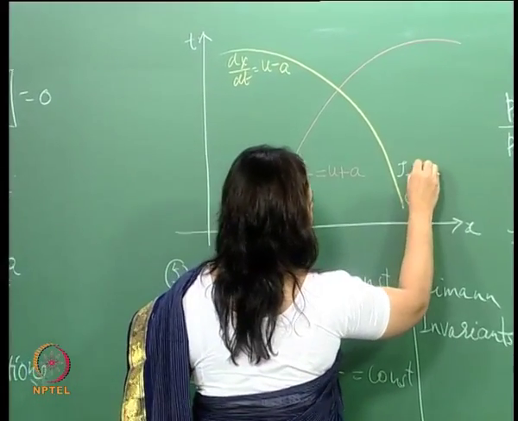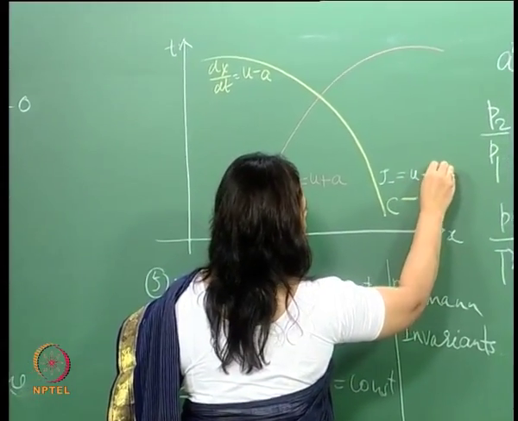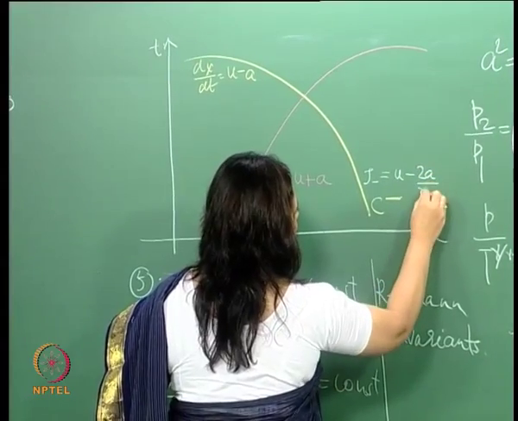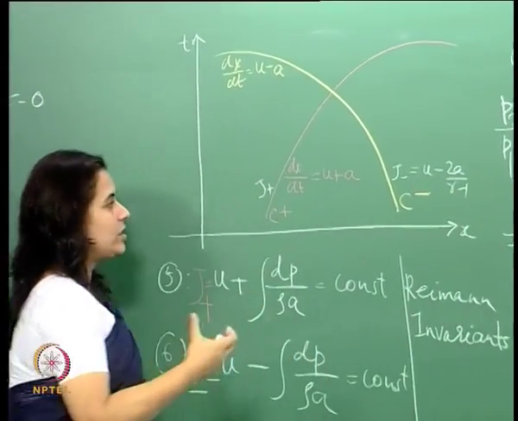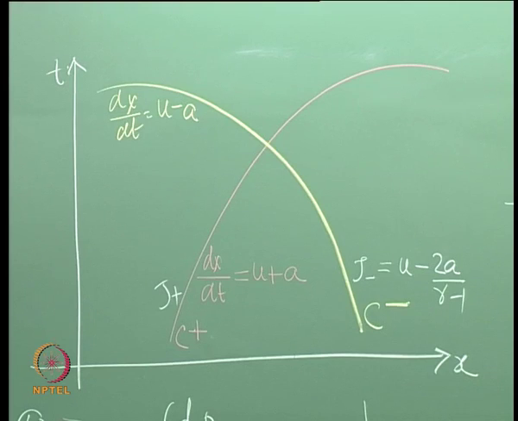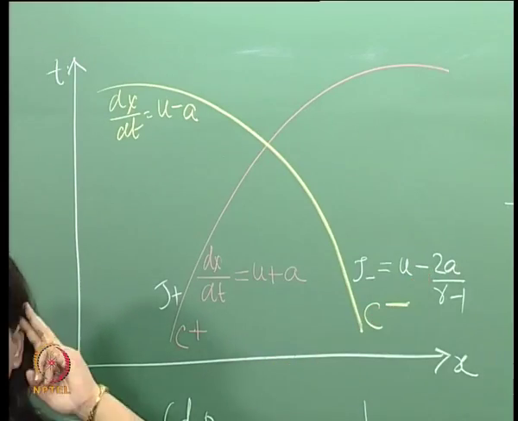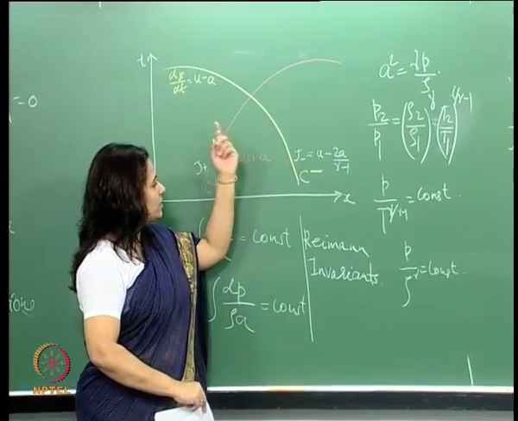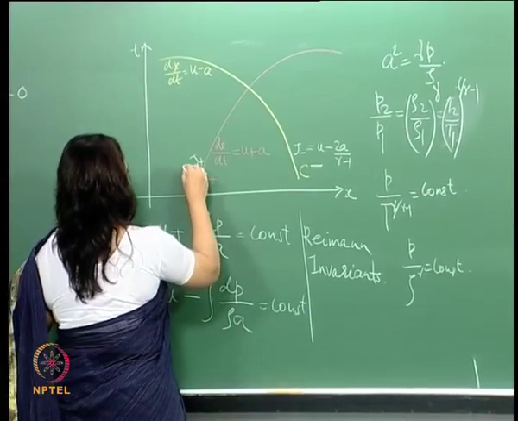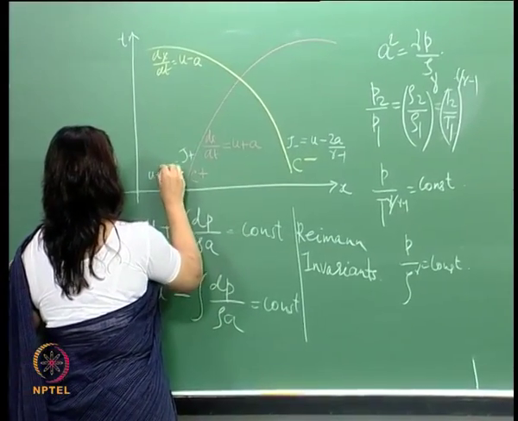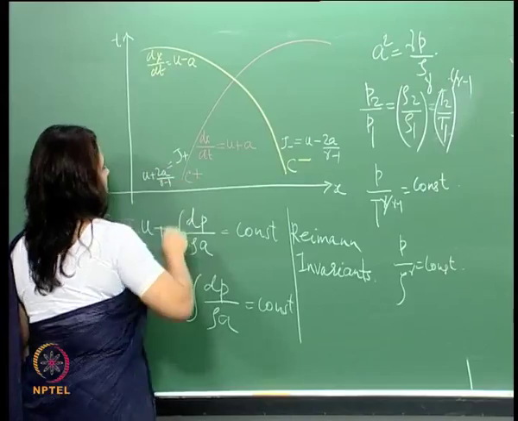J minus is nothing but this, and this is constant on a particular C minus. This term, a combination of the velocity and the speed of sound, is constant on a C plus or C minus characteristic, and similarly here this is U plus 2a by gamma minus 1.